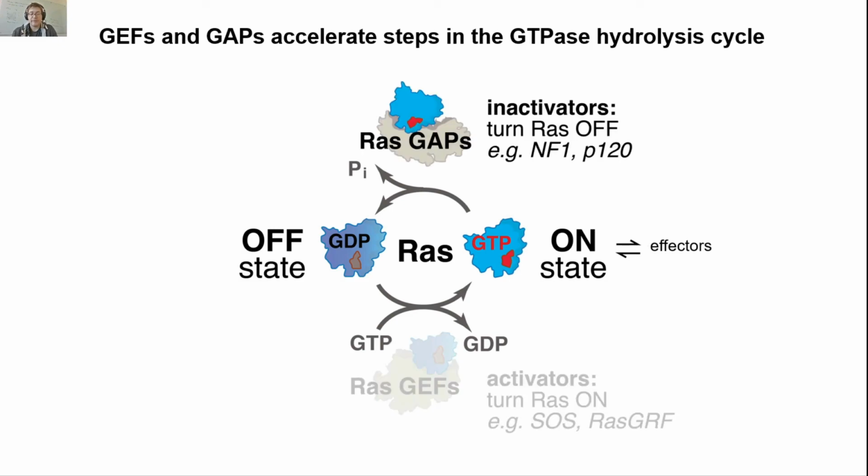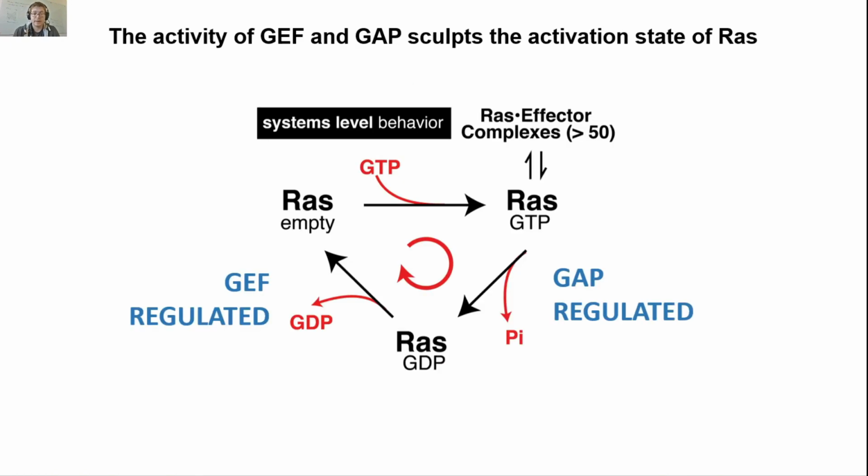In addition, evolution has produced molecules called GAPs, or GTPase activating proteins, whose function is to take the GTP-bound form of Ras and accelerate the hydrolysis of this GTP to GDP in the Ras. So these basically have the function of turning Ras signaling off. And thus, if you want to think about Ras signaling in general, what you have is a switch, Ras, that can go from empty, to GTP bound, to GDP bound, where the GTP-bound state can interact with these different effectors.